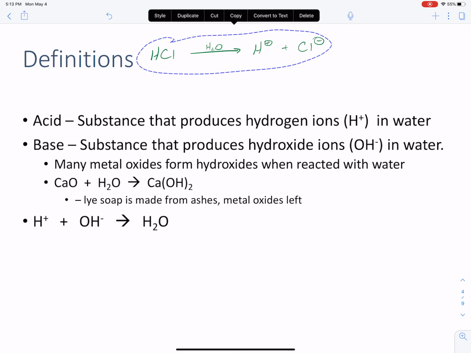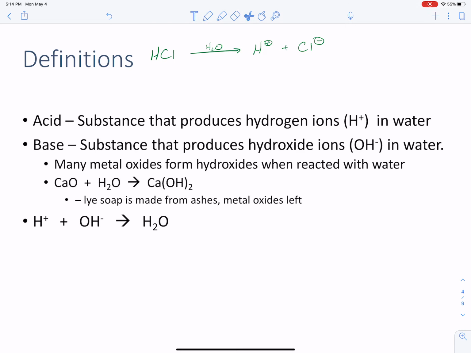And then what we find is this H plus goes on and reacts with the H2O to form H3O plus, which is called a hydronium ion, because an H plus isn't really formed in water, it is actually bound to a water itself.